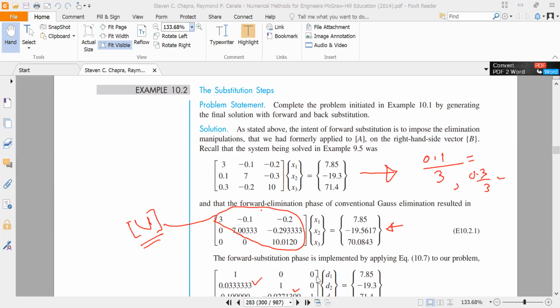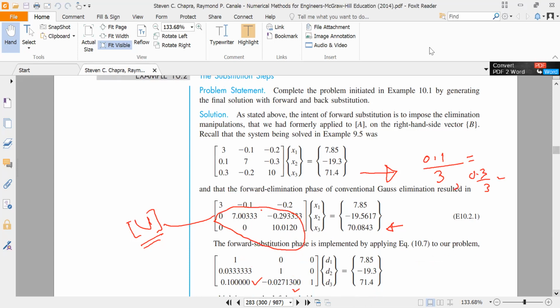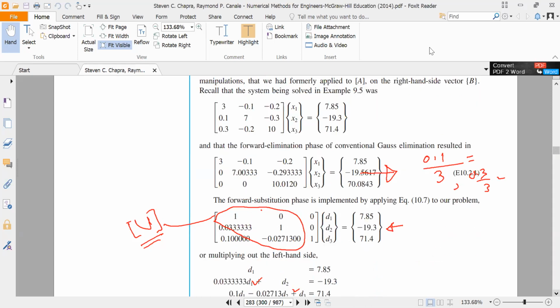Next, after having this done, we divided the modified coefficient A3 2 prime by the third element there in what we call the L matrix. So you do not need to calculate your L matrix separately.